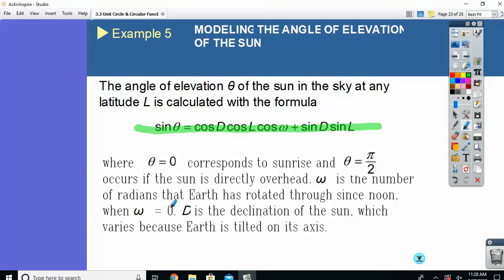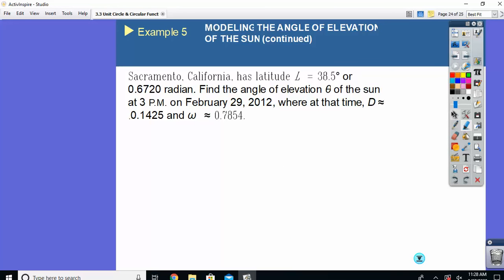It tells us theta equals 0 corresponds to sunrise. And so when it's directly overhead, that would be when our theta is pi over 2. Omega is the number of radians that the Earth has rotated since noon. D is the declination of the sun, which will vary because Earth is tilted, okay? My actual example is on this next slide.